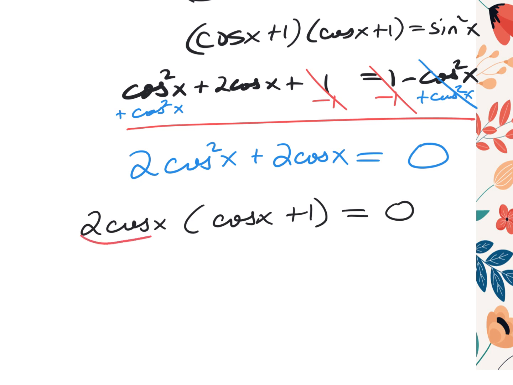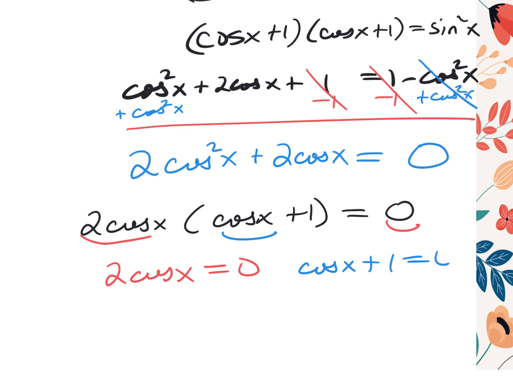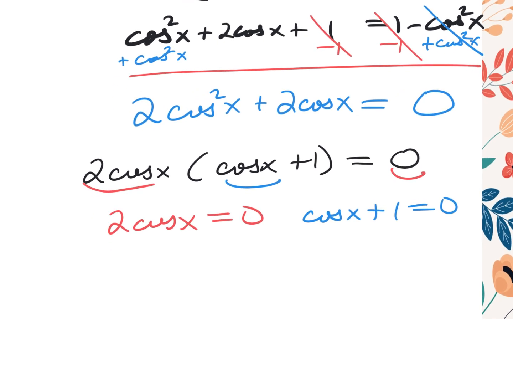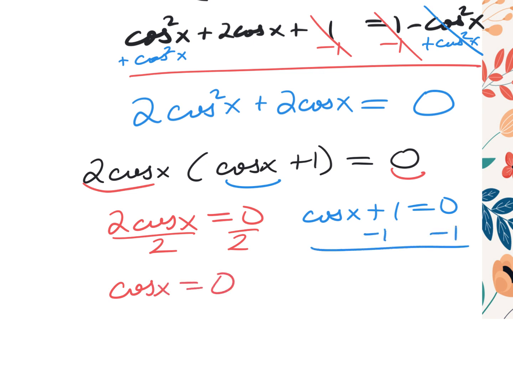Next, I'm going to set each factor equal to 0, and then this one as well. I need to solve each one. So this one I'll divide by 2, and cosine x equals 0. The blue one, I'll subtract 1. Cosine x equals negative 1.